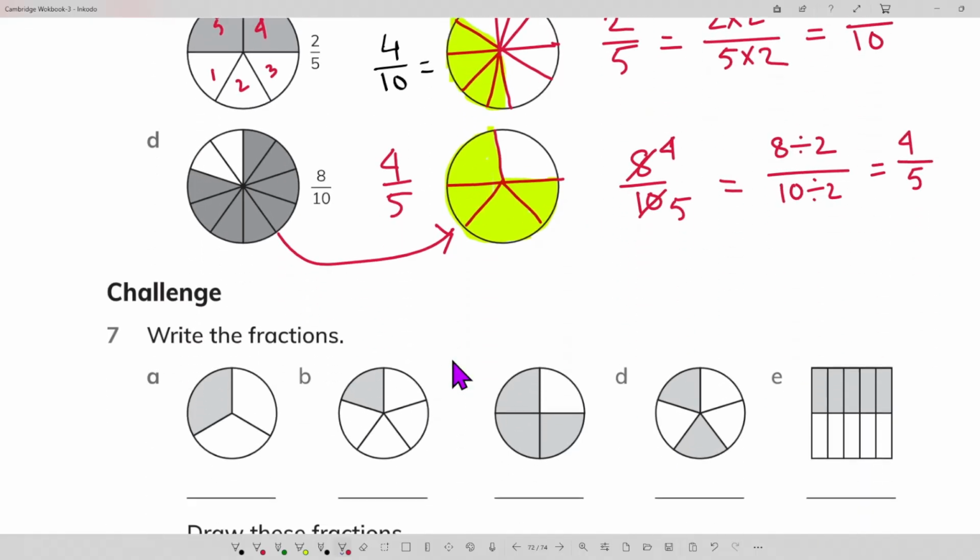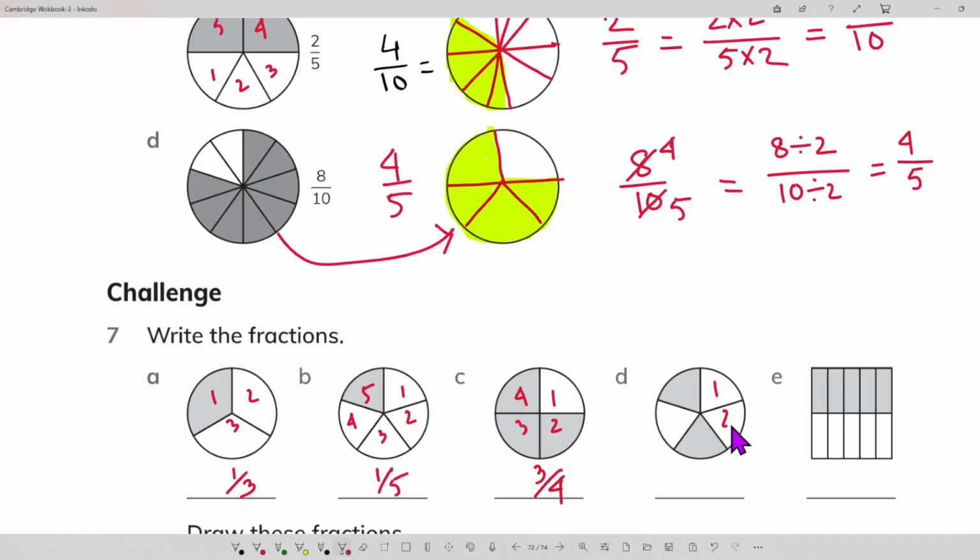Okay, now look, write the fraction here. This picture, look, 1, 2, 3 parts. So here 3 parts, a circle, 1 part is colored, it means 1 by 3. Similarly, 1, 2, 3, 4, 5 parts, 1 part colored, so 1 by 5. Here is a circle with 4 parts, 1, 2, 3, 4. 3 parts already colored, so 3 by 4.